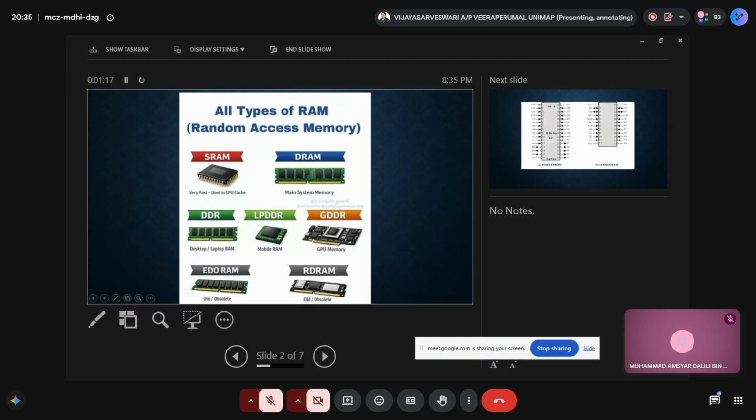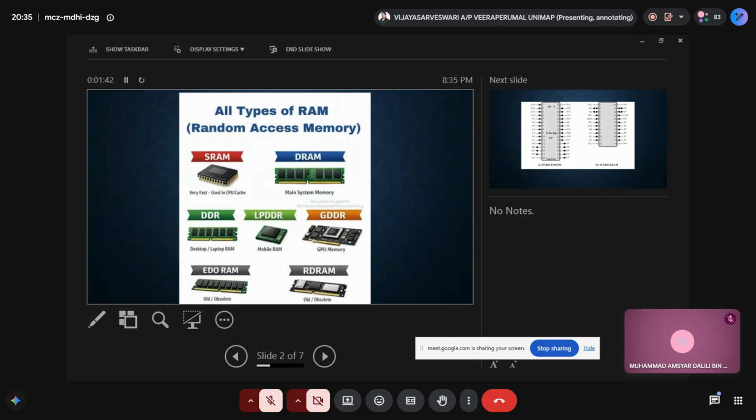I'm not sure if you have ever seen this inside your PC. When you open your monitor, you can see something like this, and then you will have one, two, three, four.